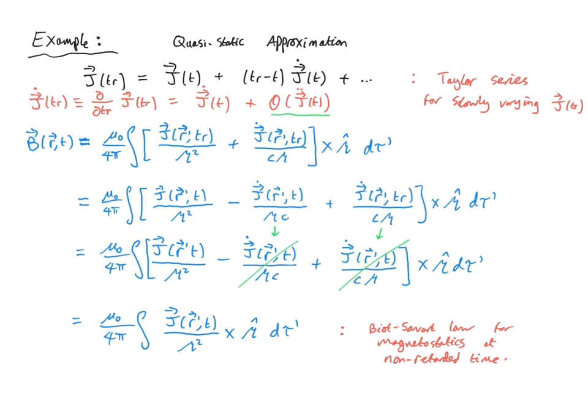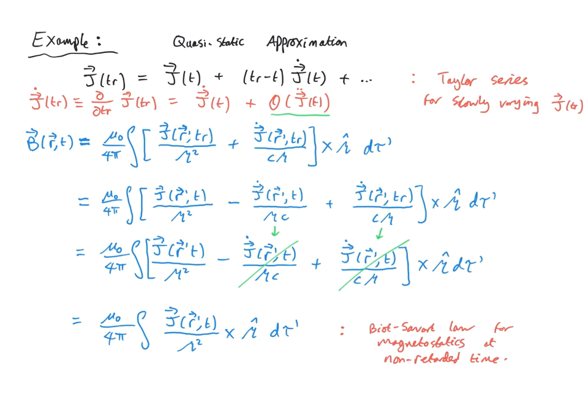We have two errors in this expression, if you like. One of them is that we're neglecting the changing current density to higher orders. And the second thing we did is we're evaluating the current not at the retarded time, but at the present time. They're the two things that are different in the Biot-Savart law than from the full dynamical situation.